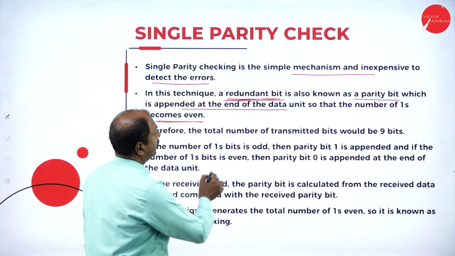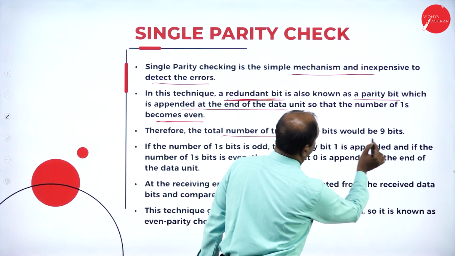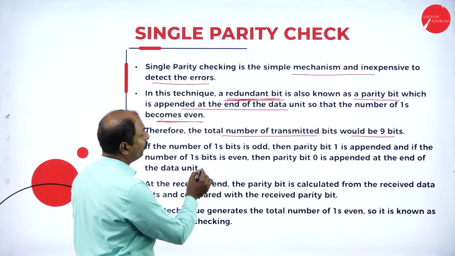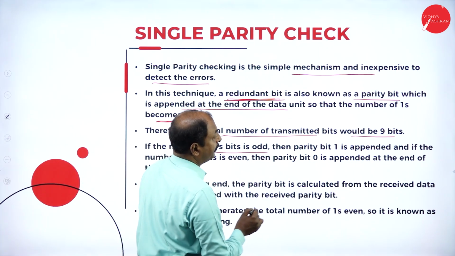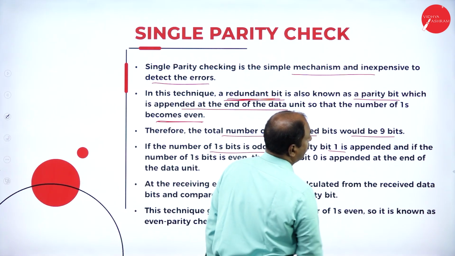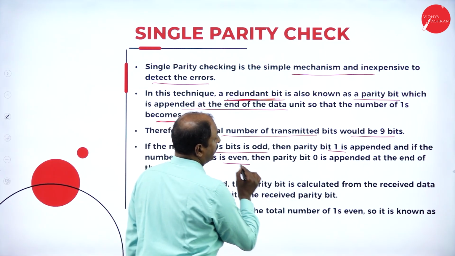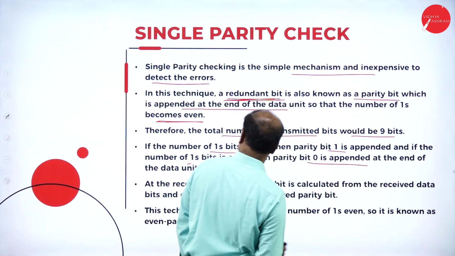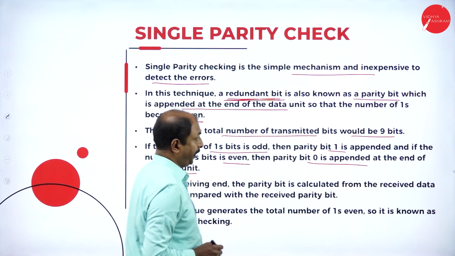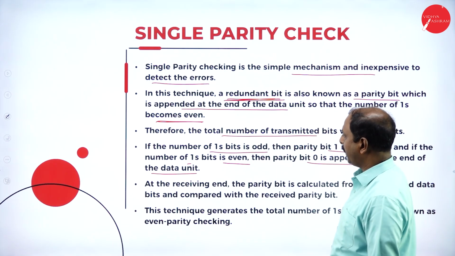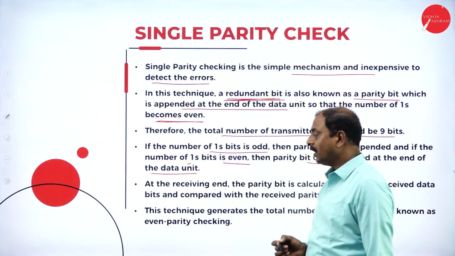Therefore, the total number of transmitted bits would be 9 bits, and if the number of ones is odd, then parity bit 1 is appended, and if the number of ones is even, then parity bit 0 is appended at the end of the data unit. So the concept here is, suppose the data is in the form of bits and bytes, a combination of zeros and ones.